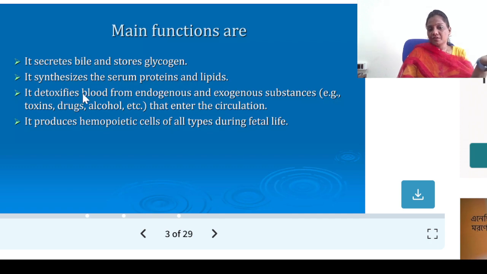The third important function is that it detoxifies the blood from endogenous and exogenous substances.